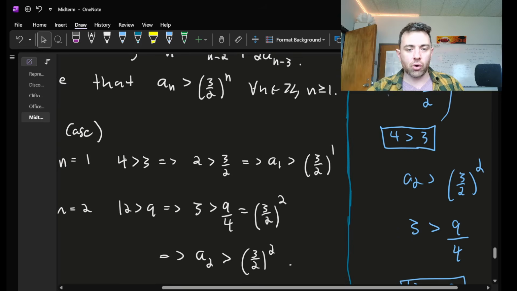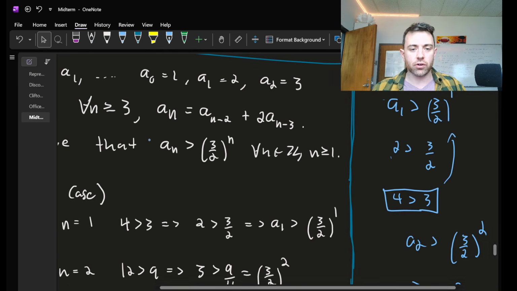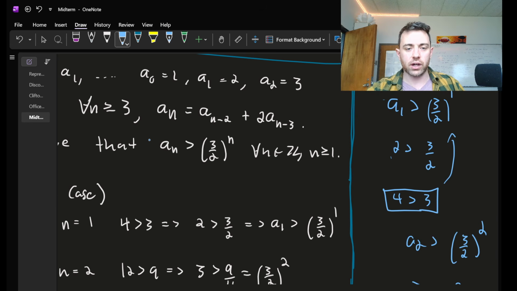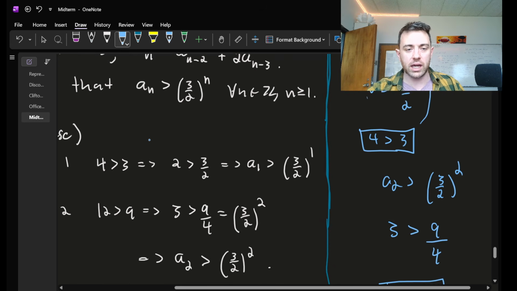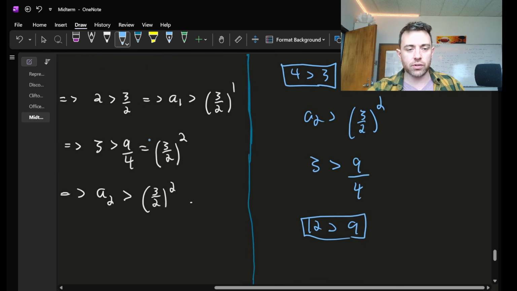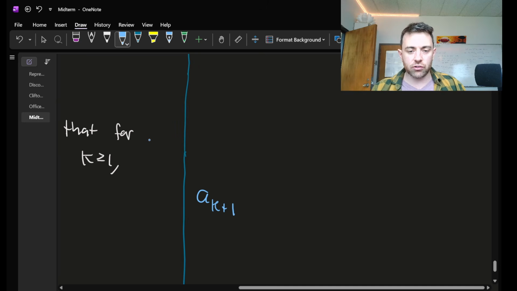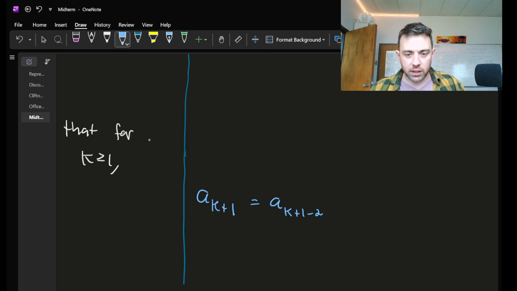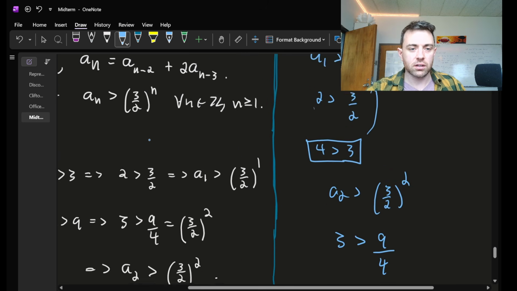And I know that I have this recursive sequence here. So a sub k plus 1, I can re-expand as, let's go one sub at a time, a sub k plus 1 minus 2 plus 2 times a sub k plus 1 minus 3, right? Did I get it right there?